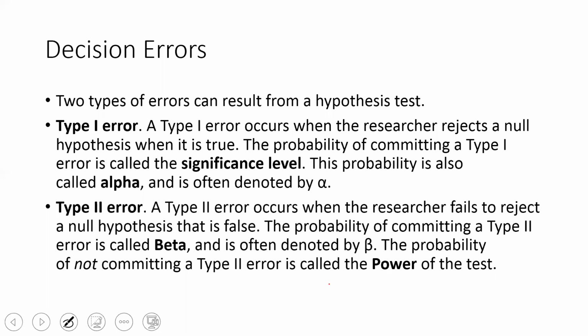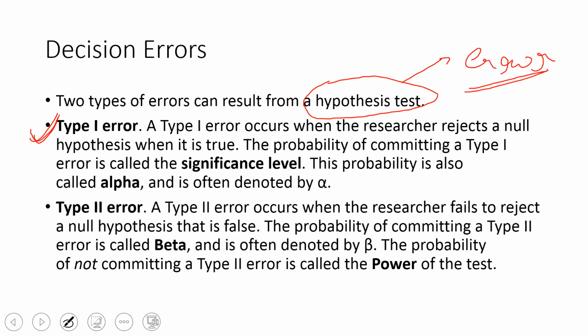Now let's see some more things. We have type 1 error. Whenever we are doing hypothesis testing, we can also make some errors. So what errors can happen? If I reject a null hypothesis, but in reality it is true, that is known as a type 1 error, है ना?